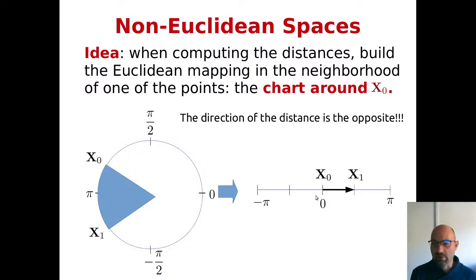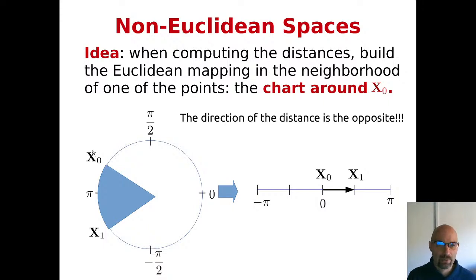Having done this trivial mapping, basically I say my chart is, this is called a chart, which is a Euclidean mapping constructed around a specific point of the manifold, whose origin is the point of the manifold where we constructed the mapping. So 0 in the chart matches to x0 on the manifold.